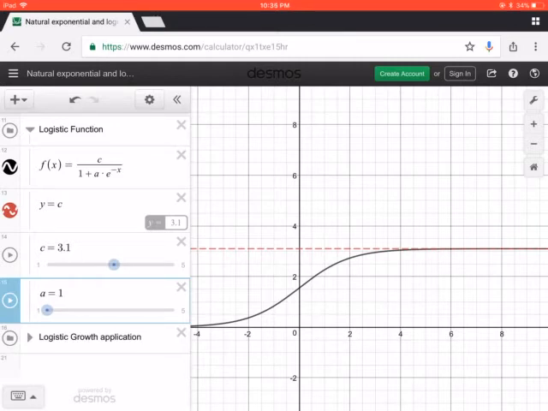It's actually not possible to transform an exponential function to make it logistic. Just a big difference between the two, other than the appearance, is one is unrestricted, unlimited growth, whereas this one here is restricted.